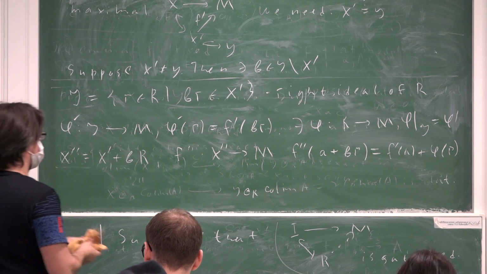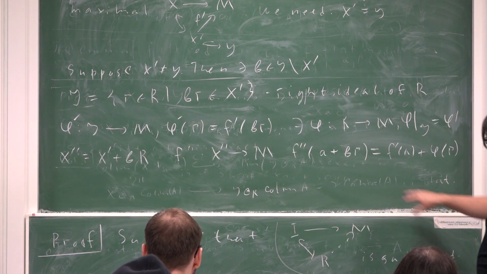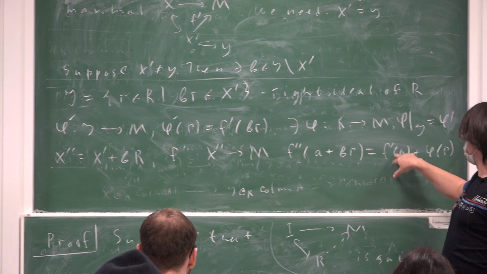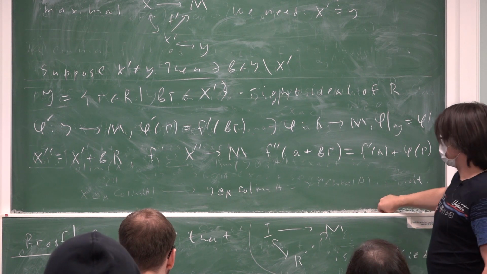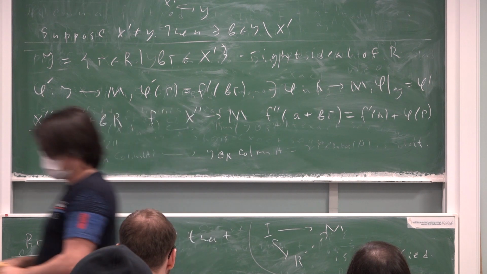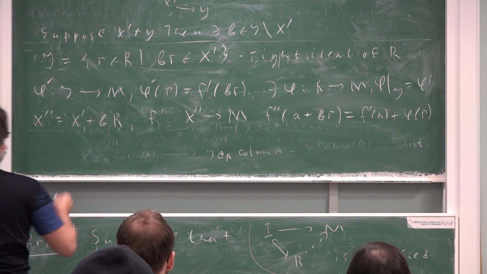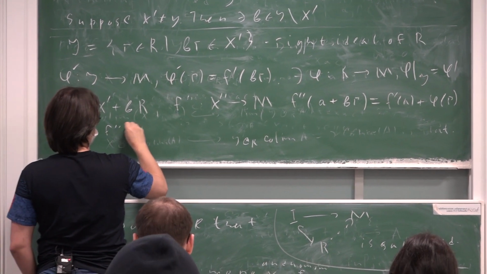So it's clear that f2 prime on x prime is f prime, because if this guy is 0, then we simply obtain f prime of a. And it's not very difficult to check that f2 prime is well defined. It's like an exercise.